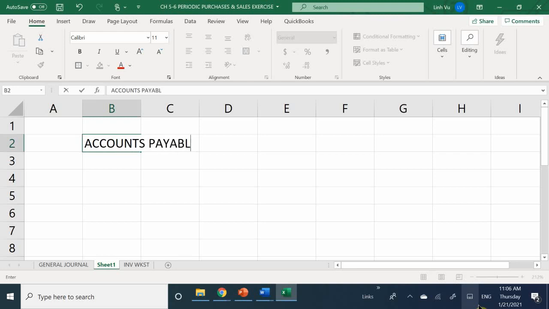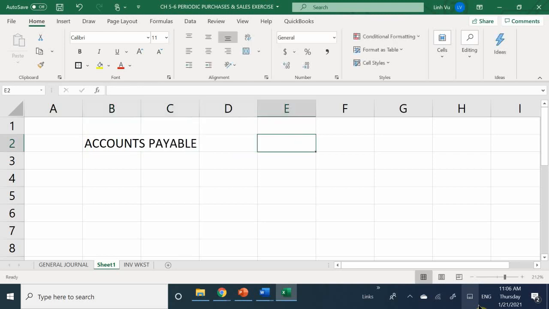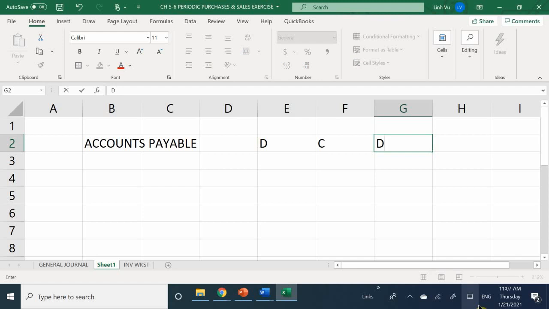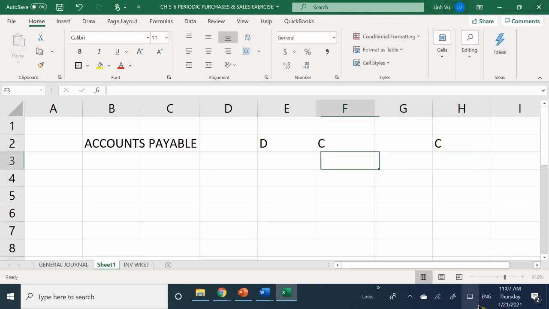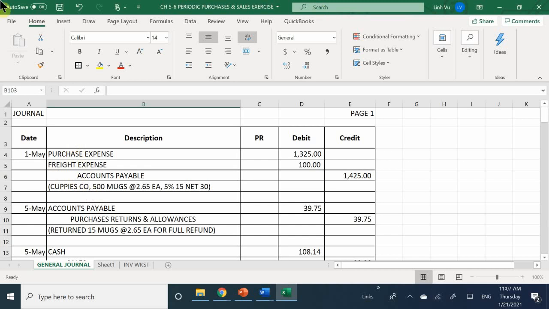Okay? And we know that it's going to be either a debit or a credit balance, and we're going to have a credit balance. So in this case, my first transaction, where I purchased my items, was indeed the very first thing on the 1st of May.